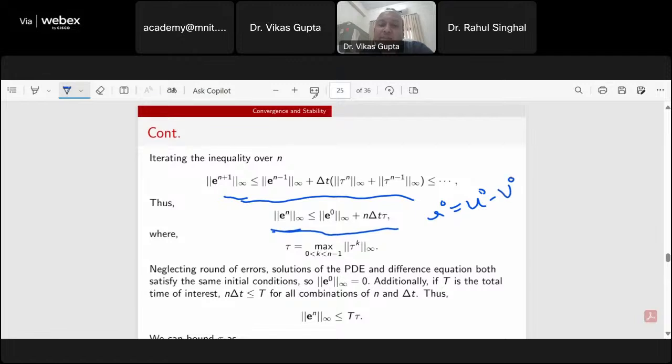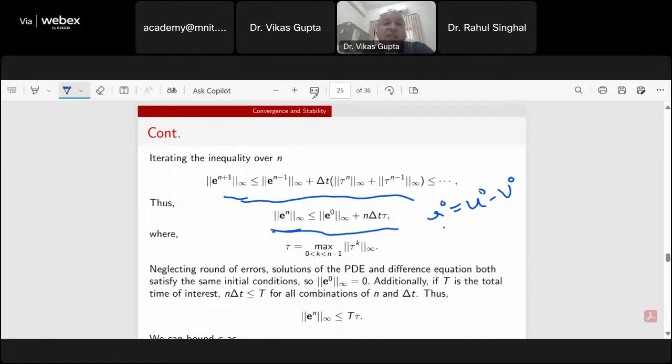And you know that the continuous solution and the finite difference solution satisfy the same initial condition at the initial time level. So that's why E0 will be equal to 0. The solution of the PDE and the difference equation both satisfy the same initial condition. So norm E0 infinity will be equal to 0.